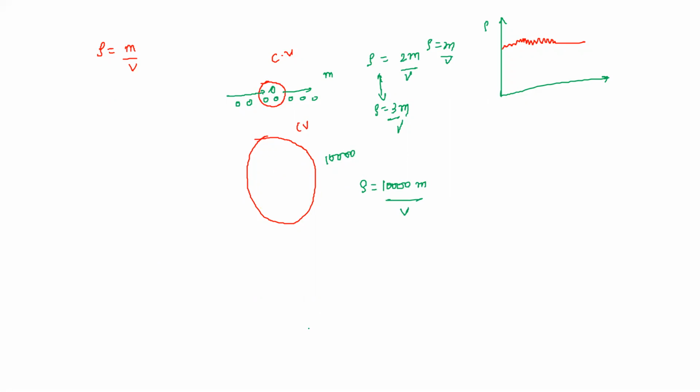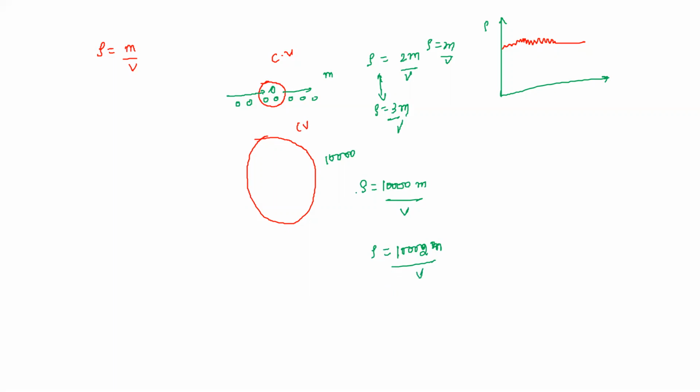Now let's say there is a change in 1 or 2 molecules. Let's say 2 molecules extra come in. So the density is going to be 10,002 m upon v.